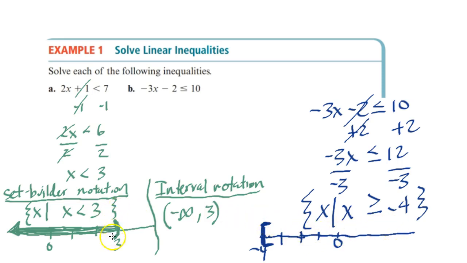So soft bracket is just a rounded bracket, and then a square bracket to include the value. And then it goes to the right, because everything to the right of negative 4 will satisfy x is greater than negative 4. For example, if we plug in 0, 0 is greater than or equal to negative 4. So there's the graphical display of the solution.